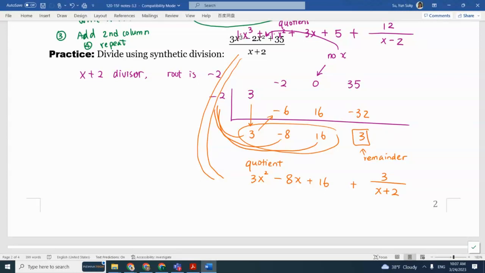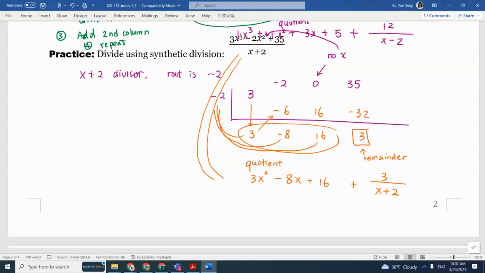Everybody? Synthetic division: you start with the divisor and change the sign of the constant term to get the root. You put the root here and look at the coefficients of the numerator. Put them down, and follow the order from the highest power to the constant term. If you miss an x power, put a 0 there.